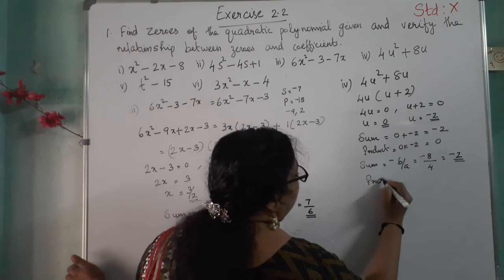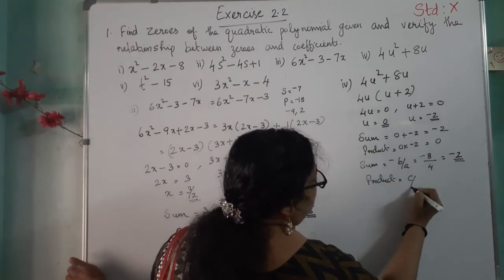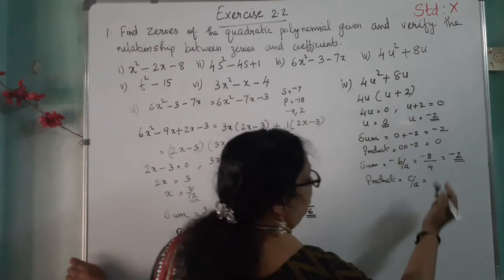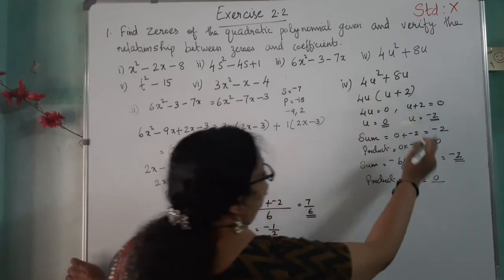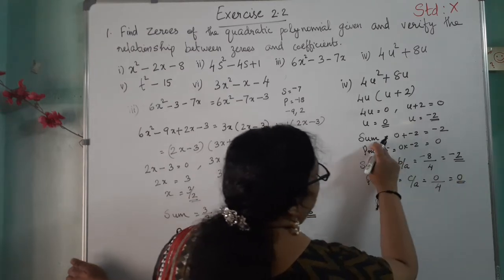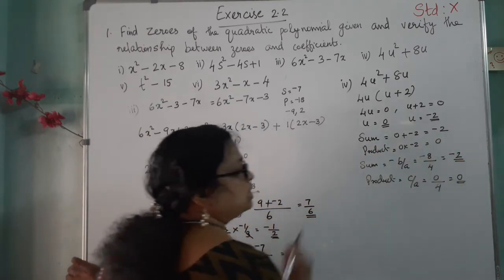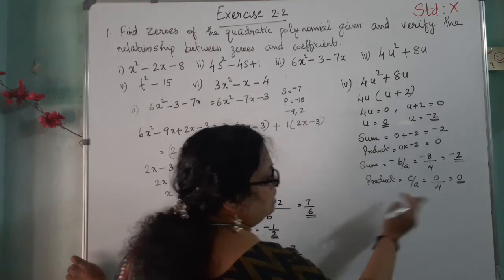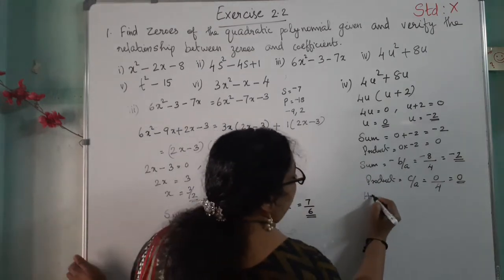Then product equal to c by a, that is constant term here 0 and coefficient of u square is 4, 0 by 4, which is equal to 0. So here sum minus 2, here also minus 2, then product in these cases 0. So hence verified.